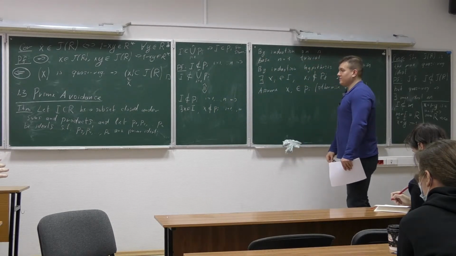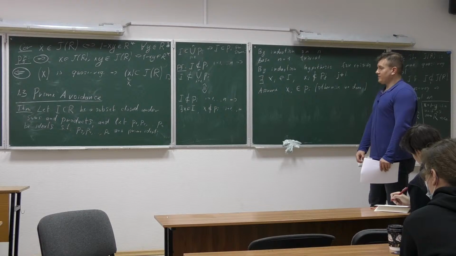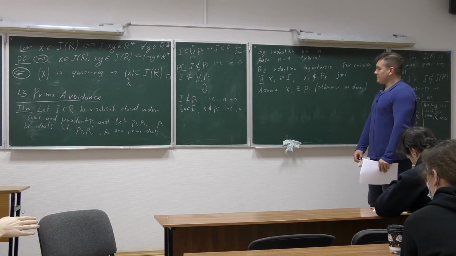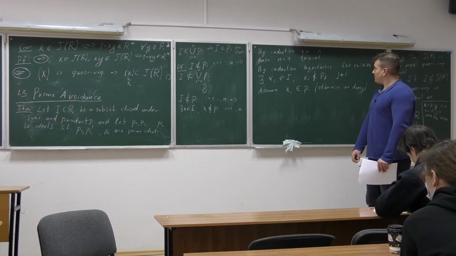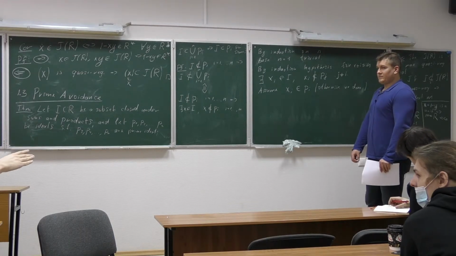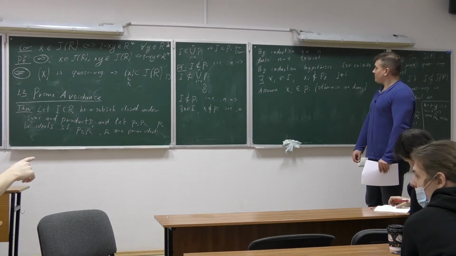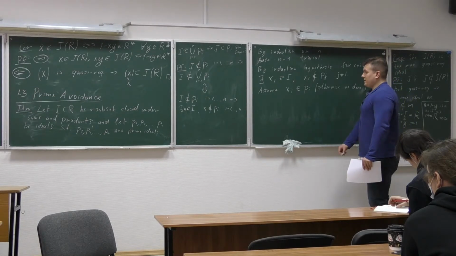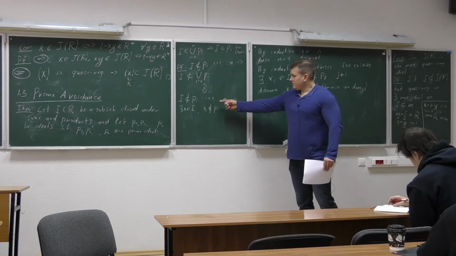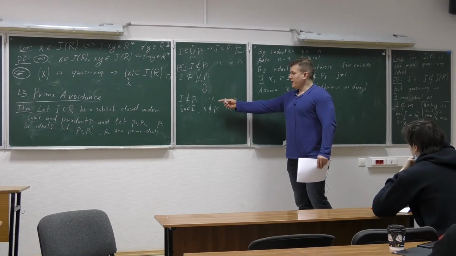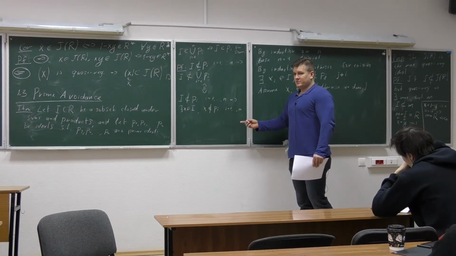But how is it connected to the formula written on the blackboard? There exists such an x_i, but it doesn't belong to the P_j's for j not equal to i. Yeah, because for example, I take this statement, I remove one of the prime ideals, and I know that this statement would be correct. And this will be true if I remove any of these prime ideals. So I just use all these statements.